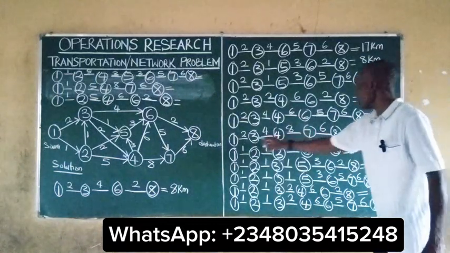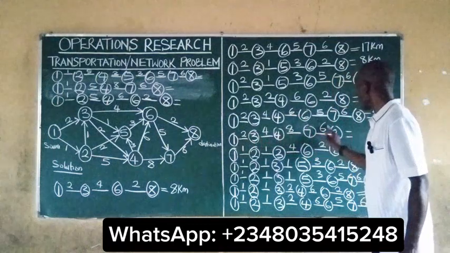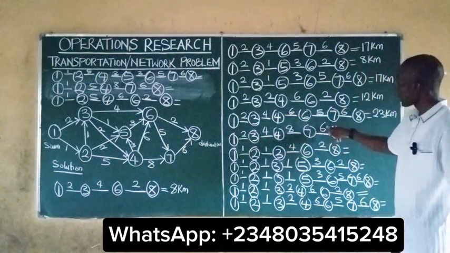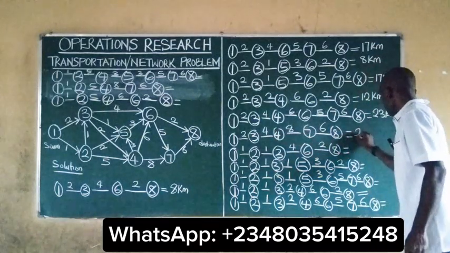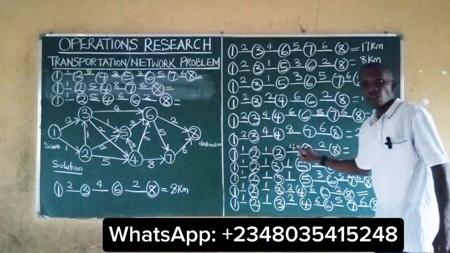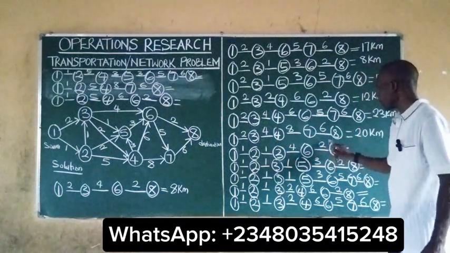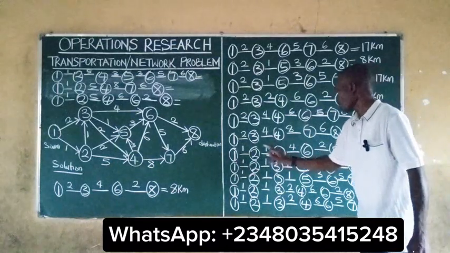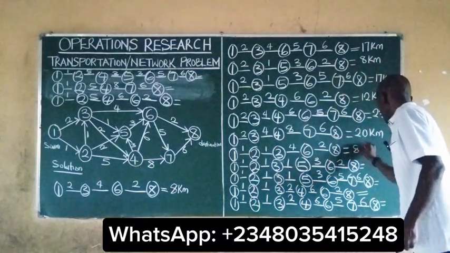Here we have 8 plus 2, 10. 10 plus 6, 16. 16 plus 4, 20. 20 kilometers. Here we have 4 plus 2, which is 6. 6 plus 1, 7. 7 plus 1, 8. 8 kilometers.